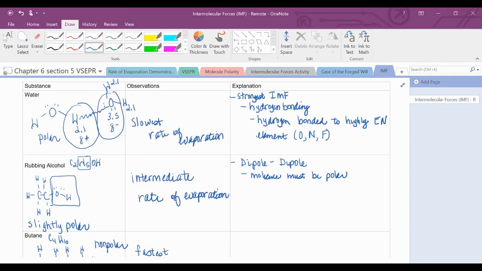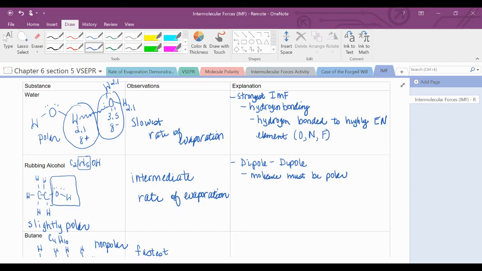Which rubbing alcohol is slightly polar. So it's really important to stress the fact that you need to be able to draw Lewis structures true to their shape, and their shape affects their polarity, and their polarity affects their intermolecular force. So it's all tied in together.